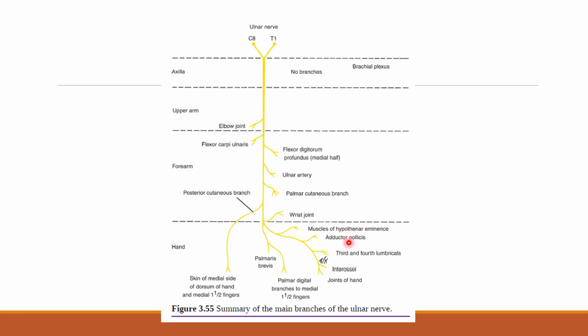Adductor pollicis will come in the thenar, and the third and the fourth lumbrical come in the center, and the interossei muscles are also in the center, the palmar interossei and the dorsal interossei. So all these muscles are supplied by the ulnar nerve in the hand, and the skin area is the medial 1.5 fingers, the palmar area as well as the dorsal area, supplied by the ulnar nerve.